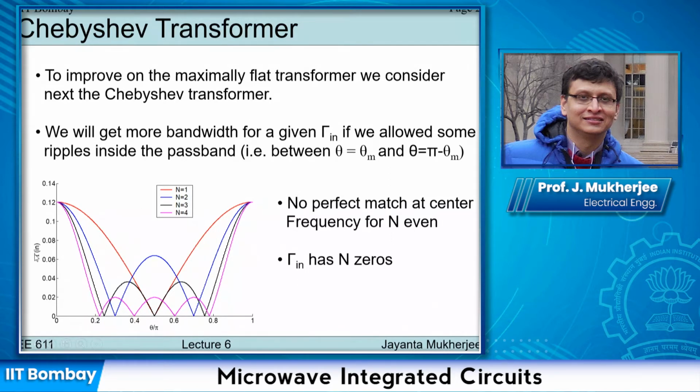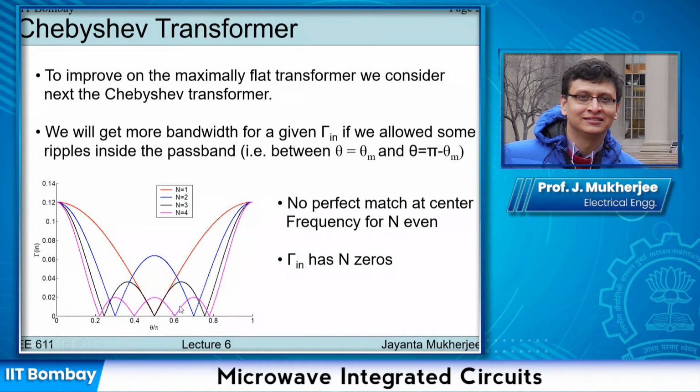Now what you see here is that if we consider the first order, this red line, it is very similar to the first order for a maximally flat prototype function. But note what happens when n equal to 2, n equal to 3, and n equal to 4.